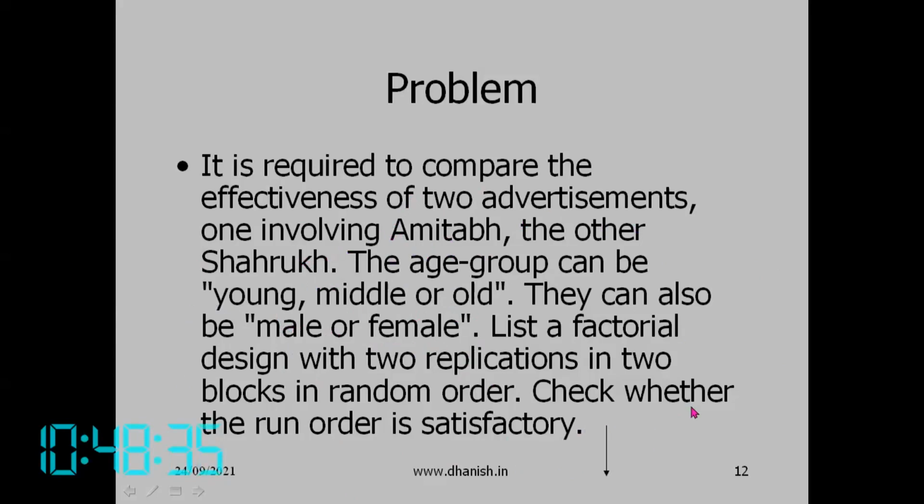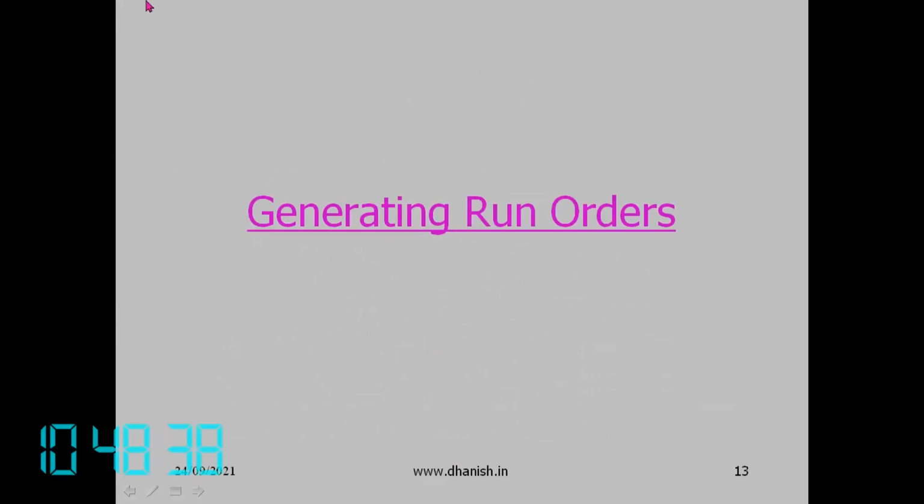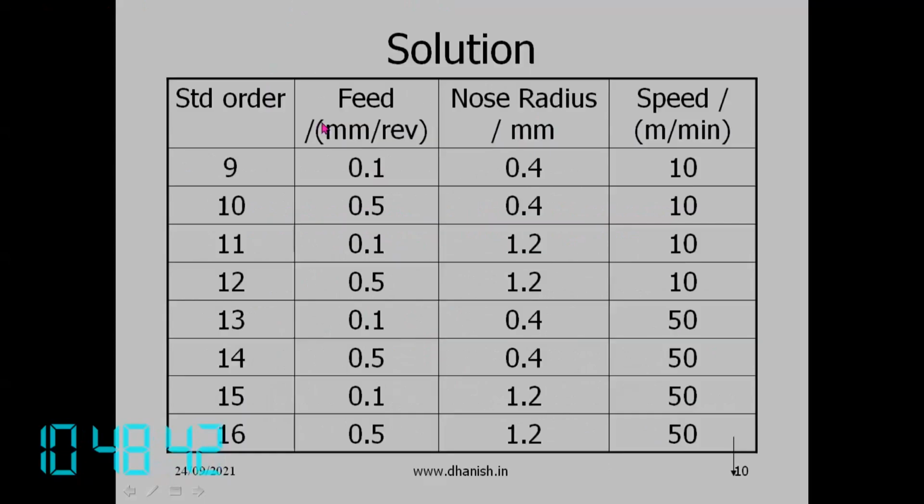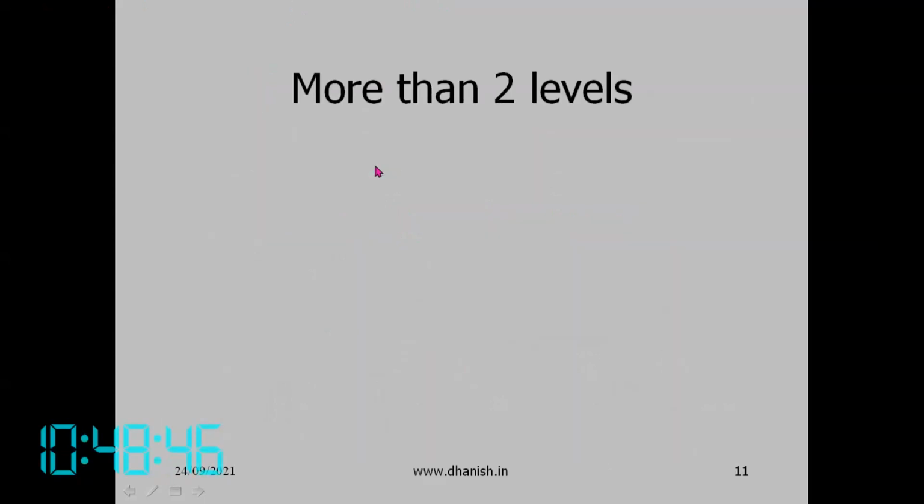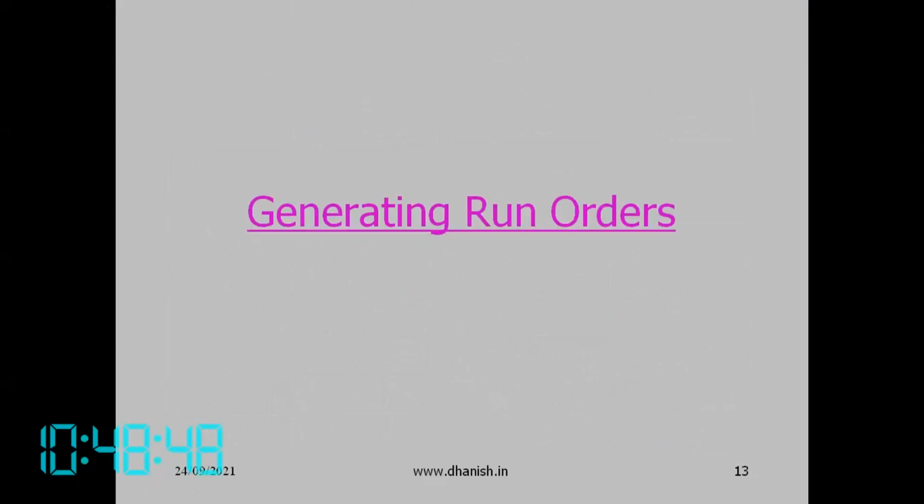We have 3 factors. So you have to generate the design just like this. Okay, so you will have to list out your experimental design like this. And then how do we generate run orders?